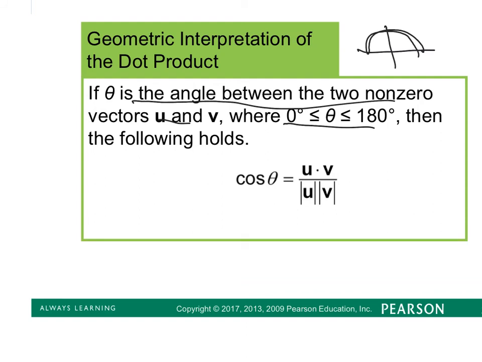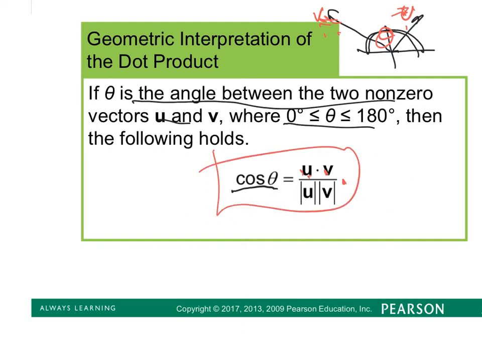So the cosine of theta, the angle between two vectors, is equal to the dot product of u and v, divided by the product of both magnitudes together. So you probably want to write that down and memorize it.